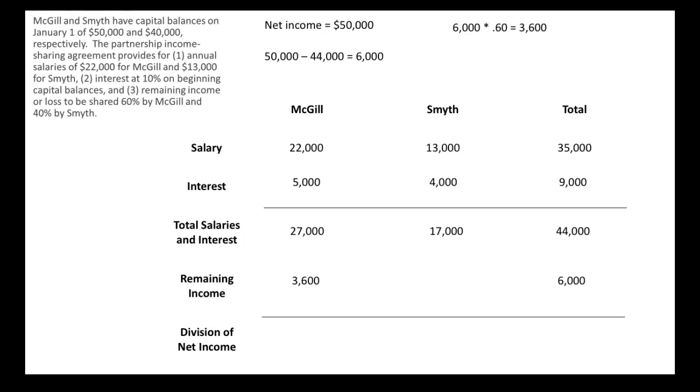Smith is supposed to get 40%. So we take that 6,000 and multiply it by 40%, or 0.40, and we see that Smith is supposed to receive $2,400. Now, just to make sure that we did our math correctly, we can add across on this remaining income row and say that 3,600 plus 2,400 should equal 6,000.